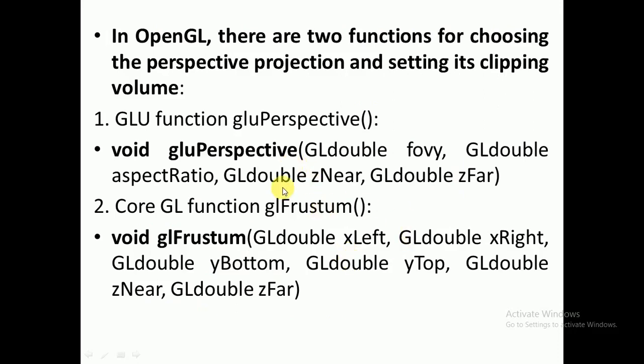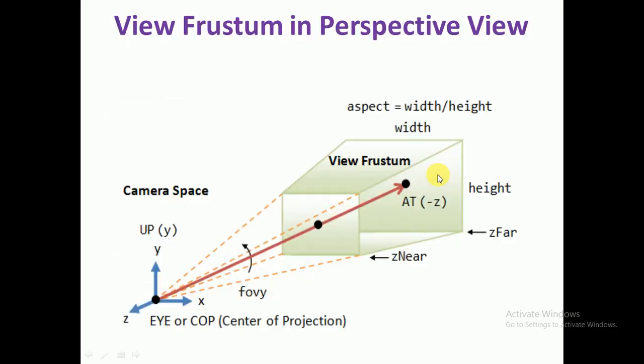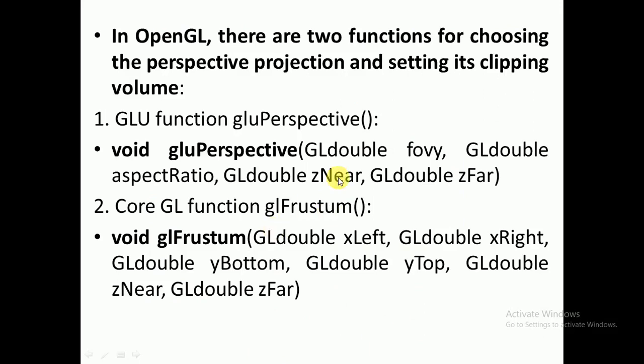Then zNear, zFar means from where you want to start capturing and at what distance you want to end the capturing, the minimum and maximum distance from the camera. These parameters you have to specify if you want to use gluPerspective from the GLU library.